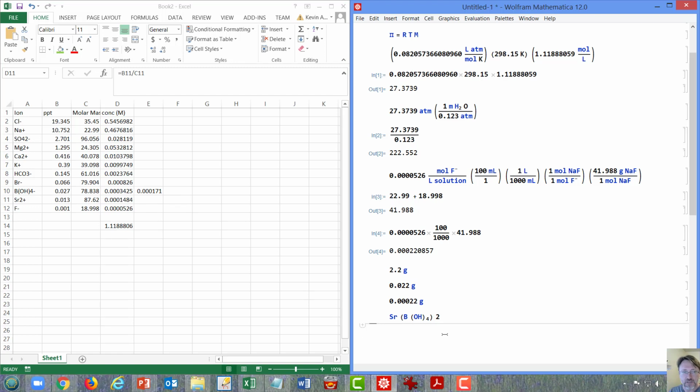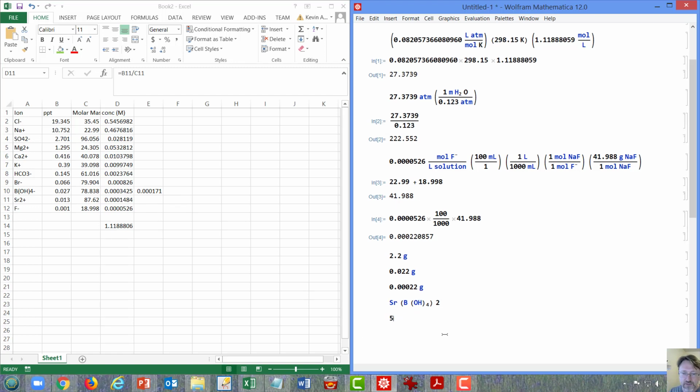So 0.0001484 moles of Sr. I'm going to copy this. That 2 should have been a subscript. All right.